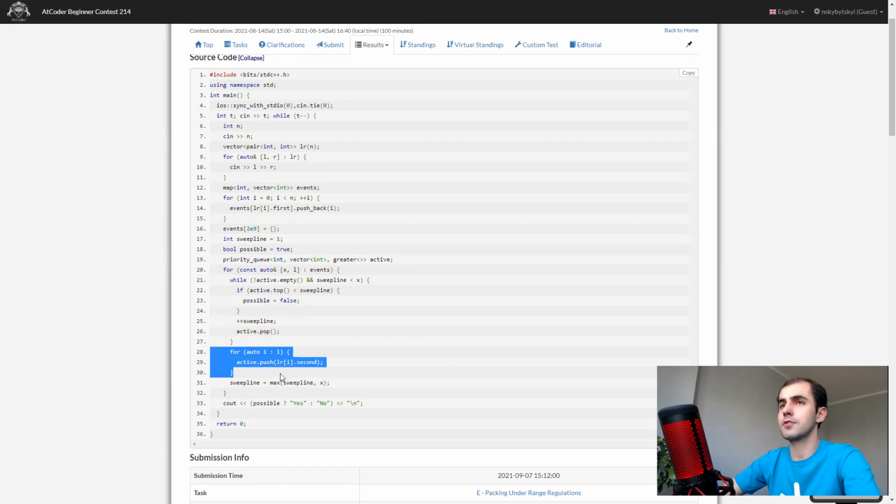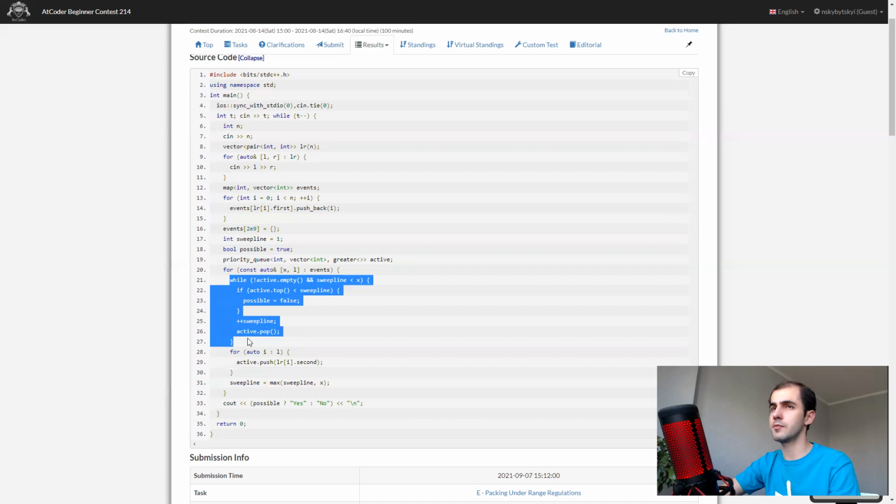So these elements have to be processed somewhere. And that's why I added one extra event, not to process them outside of the loop with pretty much the same code. Sometimes you need to process the last element separately. That's a really bad thing, I believe, because it increases the chances of making typos.